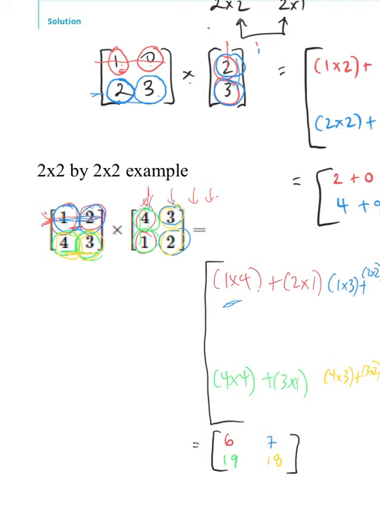And 1 times 3 plus 2 times 2, 7. 4 times 4 plus 3 times 1 is 19, and 4 times 3 plus 3 times 2 is 18. So that is how I do that one.